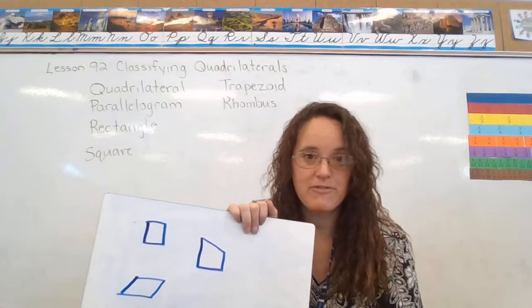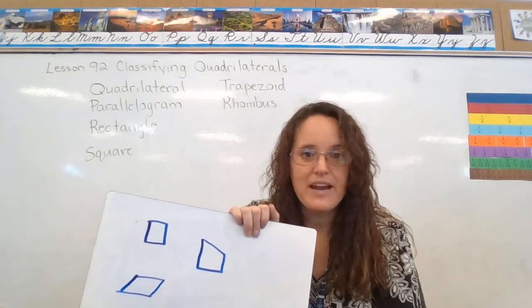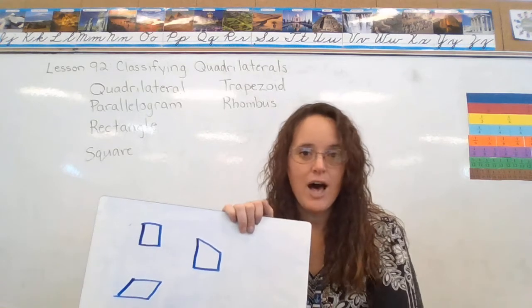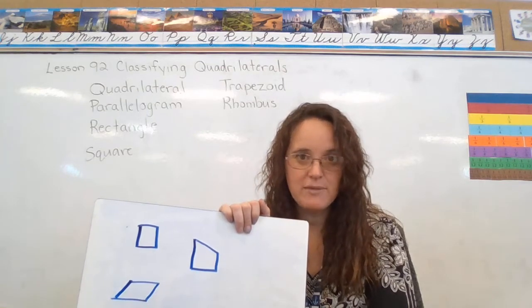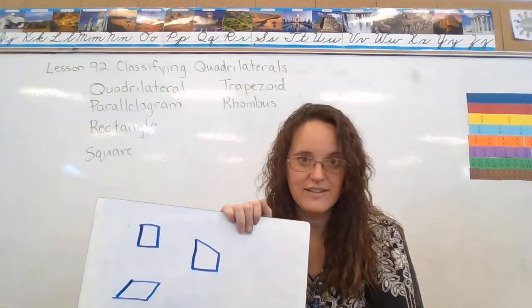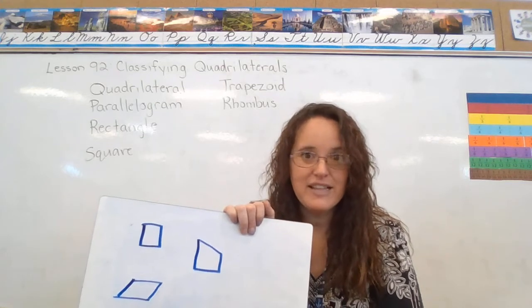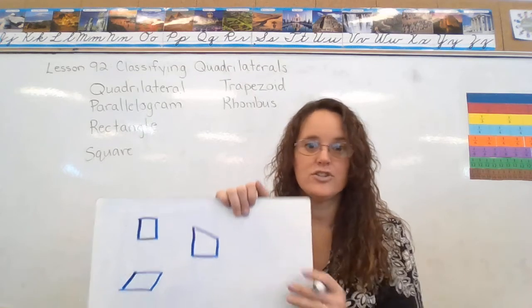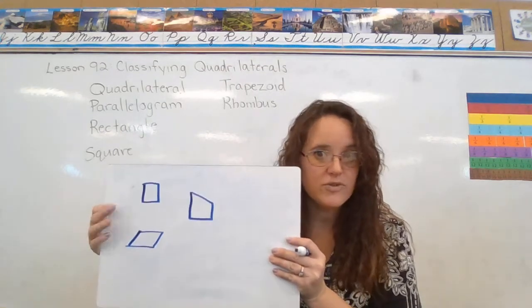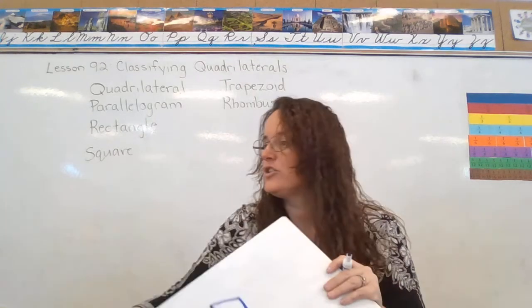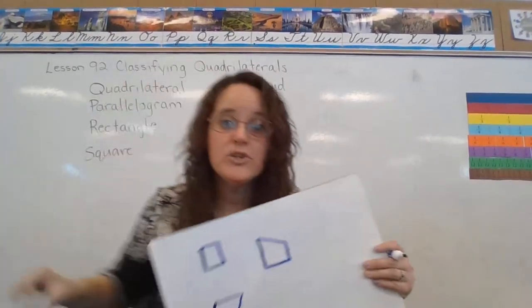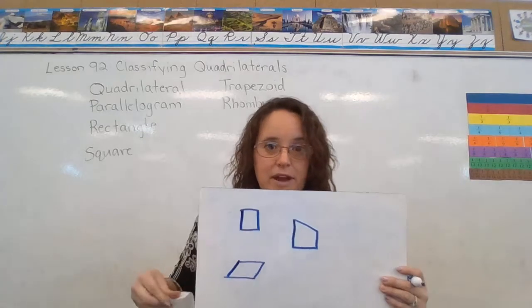The next, slightly more specific name for a type of quadrilateral is a parallelogram. In a parallelogram, opposite sides of the shape must be parallel, and a parallelogram also has four sides. So these were all quadrilaterals. Two of them are also parallelograms.